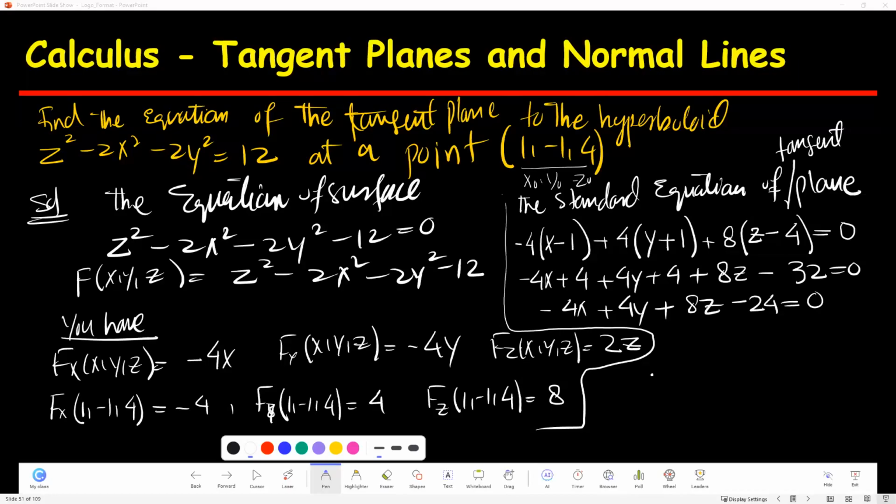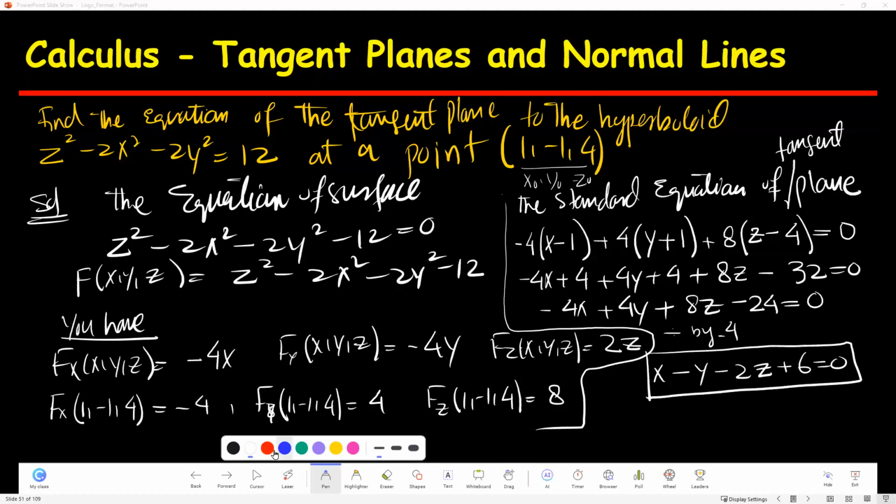I can further simplify it by dividing by 4, maybe -4. The answer would be x minus y minus 2z plus 6 equals 0. And that is my equation of the tangent plane.